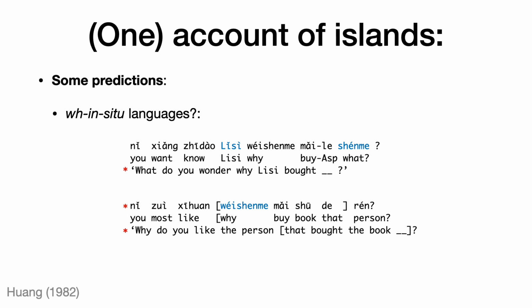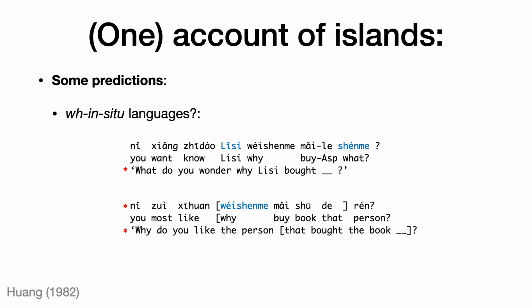But in Mandarin Chinese, you leave both WH phrases in situ, you leave them both where they belong, and the sentence is fine. So that means in Mandarin Chinese, you can ask questions that you can't ask in English, right? So whatever the explanation of why the English sentence, what do you wonder why Li Si bought, sounds bad, can't be that no one would ever want to say that sentence.